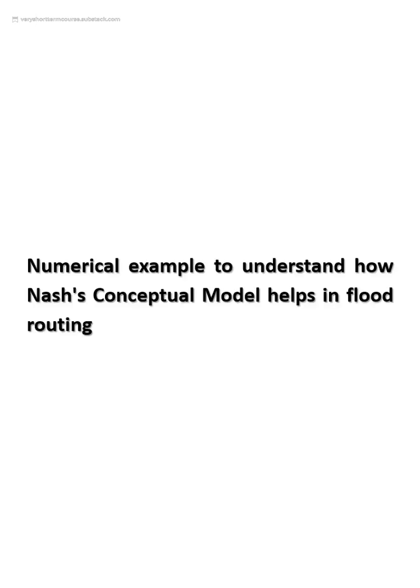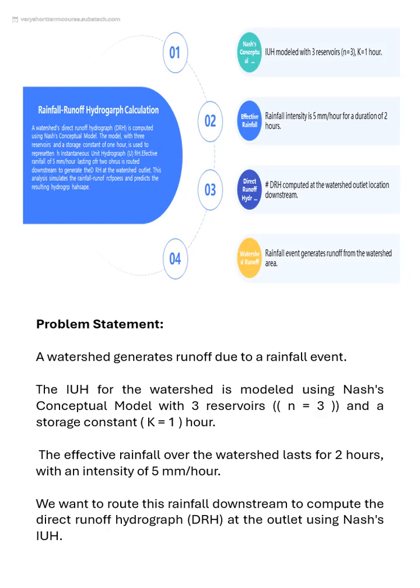So let us see an example. Problem statement: a watershed generates runoff due to a rainfall event. The instantaneous unit hydrograph for the watershed is modeled using Nash's conceptual model with 3 reservoirs, that means n is equal to 3, and a storage constant k equal to 1 hour.